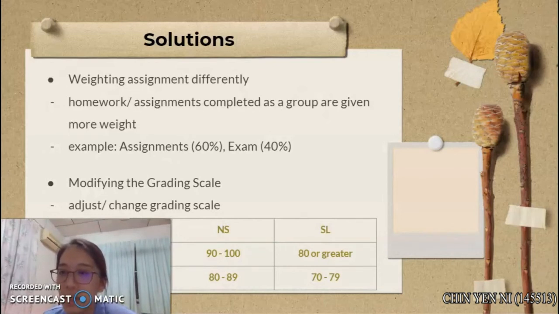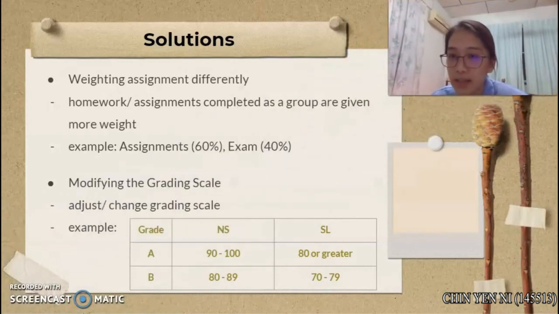The group assignment is weighted more heavily, and this could change students' results, their grade, maybe from a C to A minus. So this is weighting assignments differently. And next, we move on to modifying the grade scale.